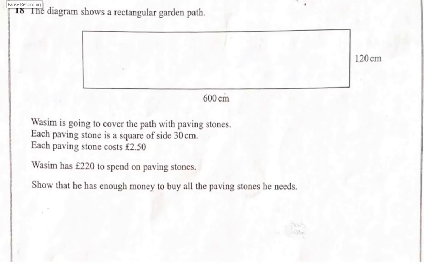Okay guys, this question looks hard, but it's not hard, I can tell you that. Again, you try to find the hints. What hint is given here? A rectangle is given, and this is a garden path. Wasim is going to cover the path with paving stones, so this is an important point.